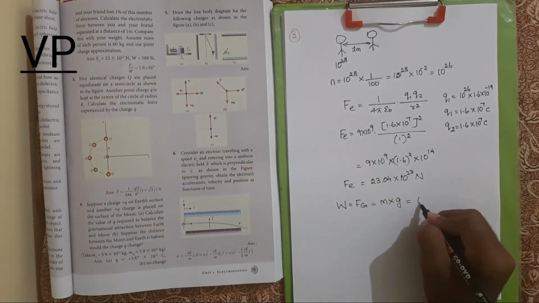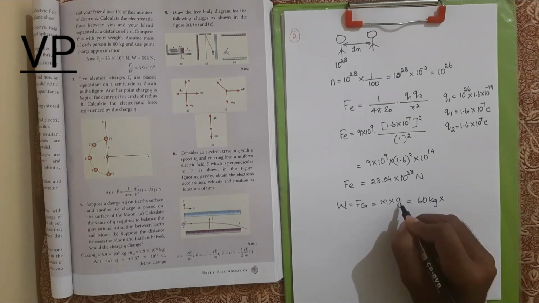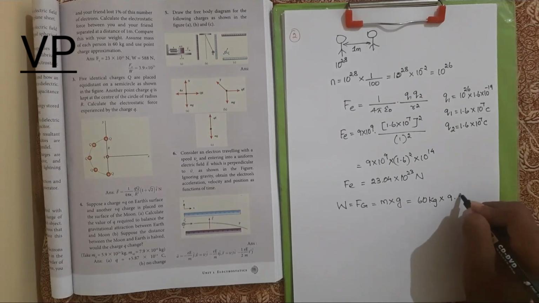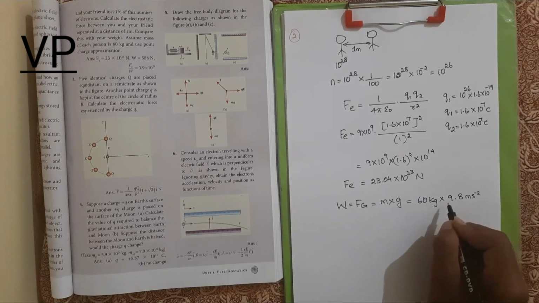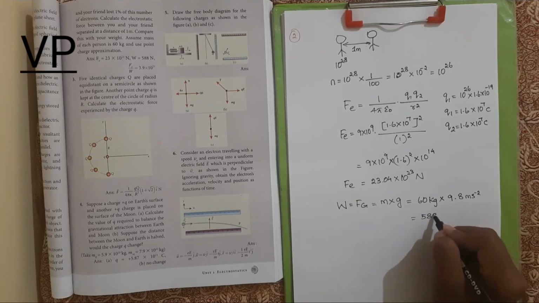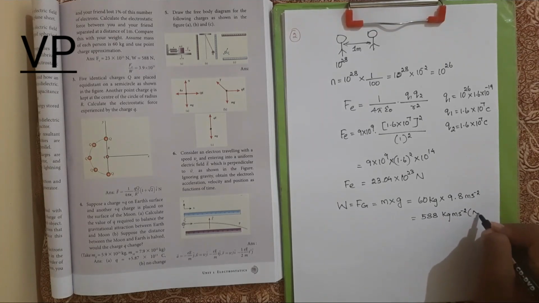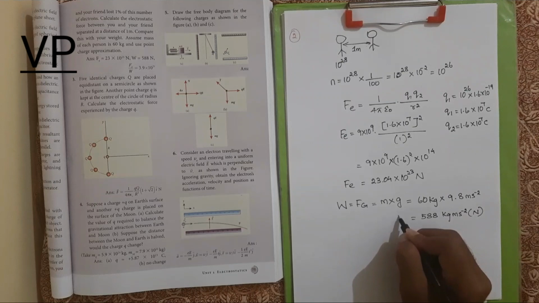So the mass m is 60 kg into the acceleration due to gravity g, the value is 9.8 meter second minus 2. On multiplying them, we get 588 kilogram meter second minus 2, which is nothing but Newton. So this is the weight, which is the gravitational force acting on the body.